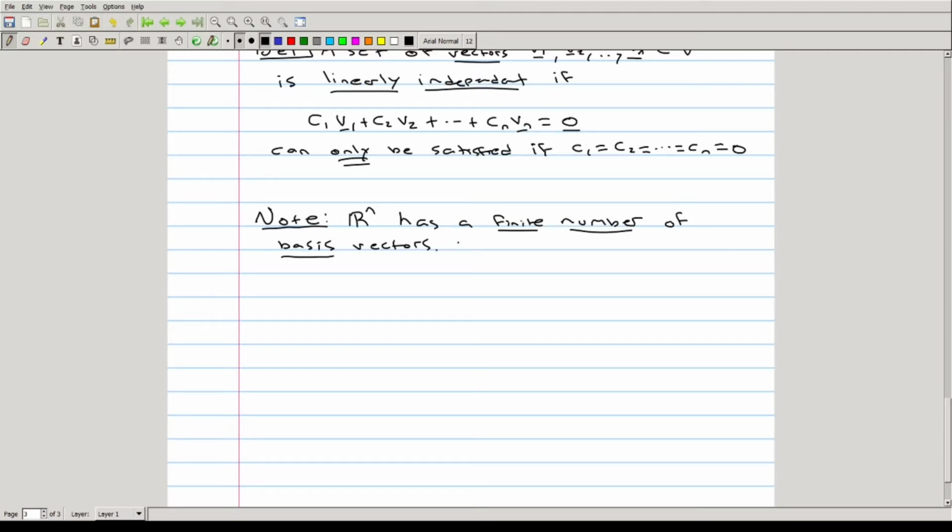However, an infinite dimensional vector space has no such finite basis.